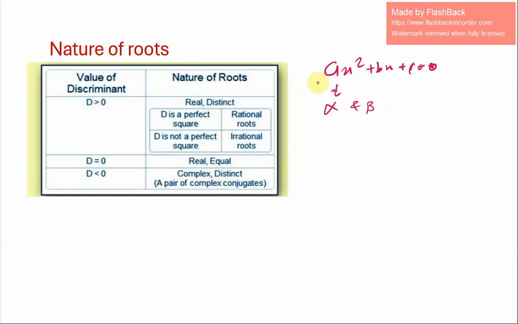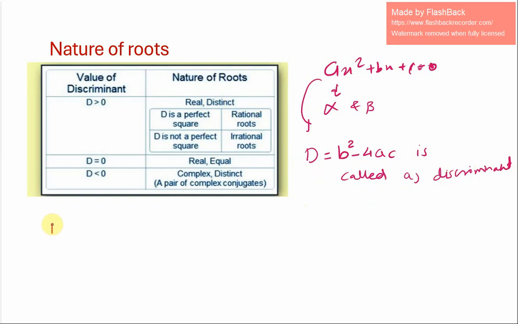Now for this quadratic equation, the value D equals to b square minus 4ac is called the discriminant of the quadratic equation. And depending on the value of the discriminant, the nature of the roots is decided.